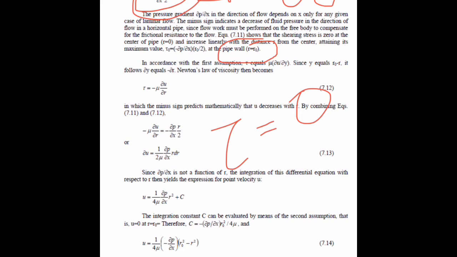To find the volumetric rate of flow q through any cross section of radius r naught, it is obtained by the integration of dq. dq will be u dA.